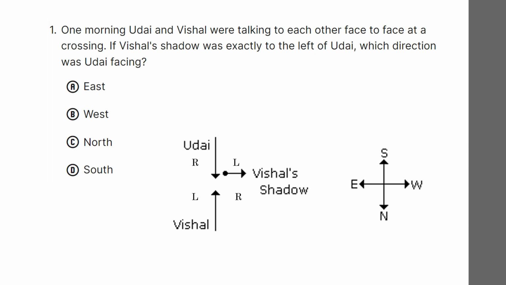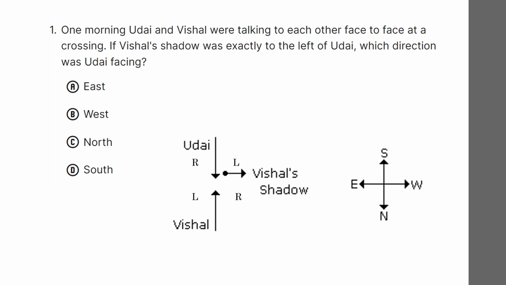Now it is given in the second part of the question that Vishal's shadow was exactly to the left of Uday. So it means that, and this is given as a morning situation. One morning it is given here.